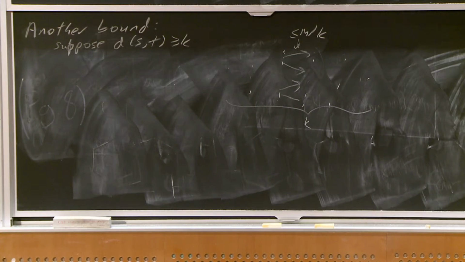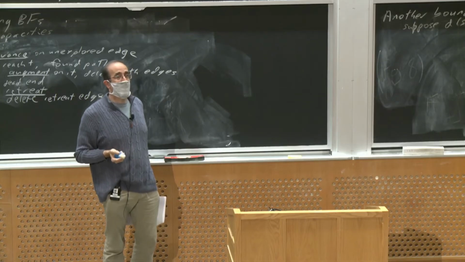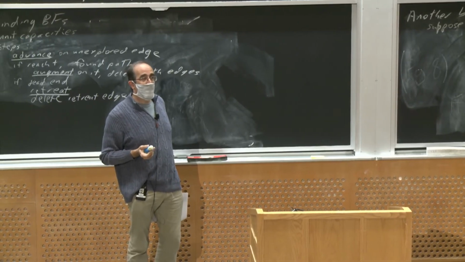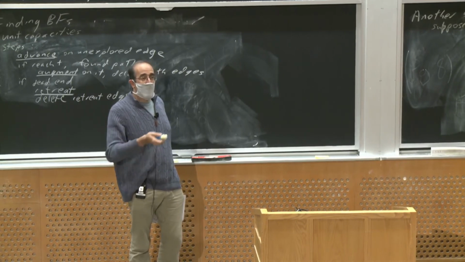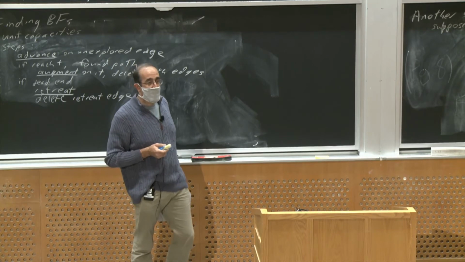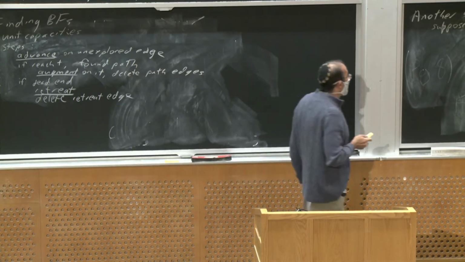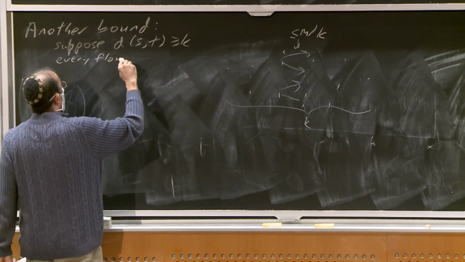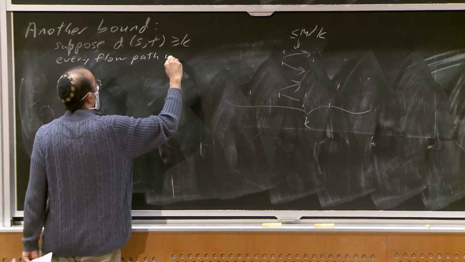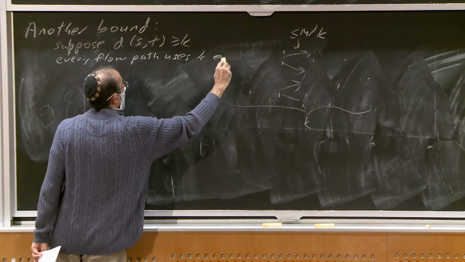Now, there's another way to argue this without talking about cuts. Every path must have at least k edges. Exactly. So we can have at most m over k paths, all with unit capacity, and so we have this bound. That's right.